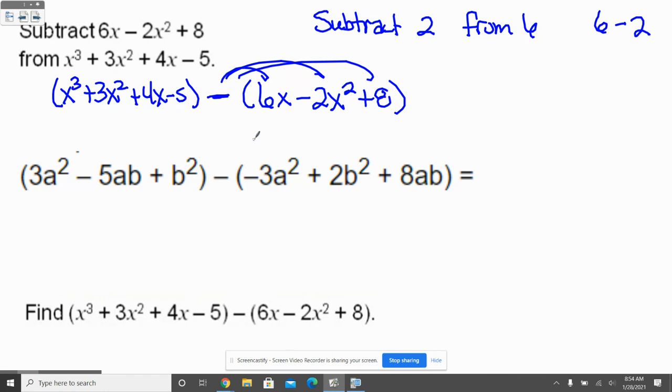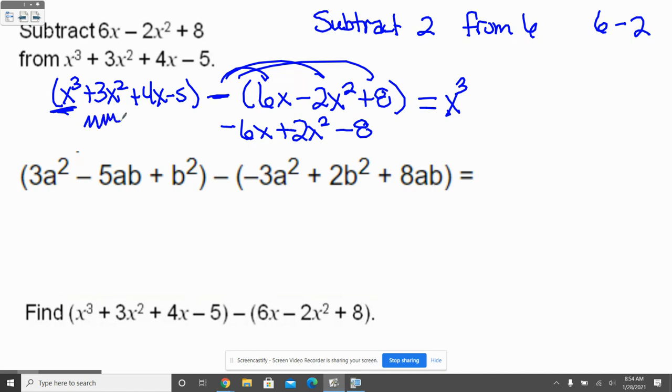I usually prefer to distribute the negative and write below it minus 6x plus 2x squared and minus 8, which is very similar to that idea of the additive inverse, because that's what I basically just wrote down. Okay, and now I will use this x cubed and see if there's any other x cubes, and there is not.